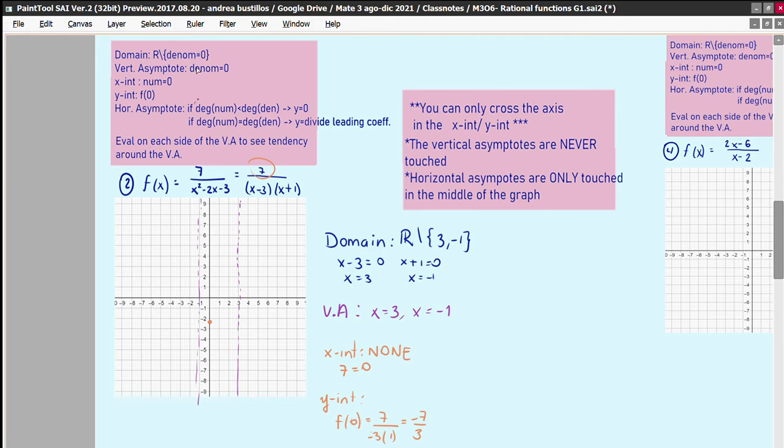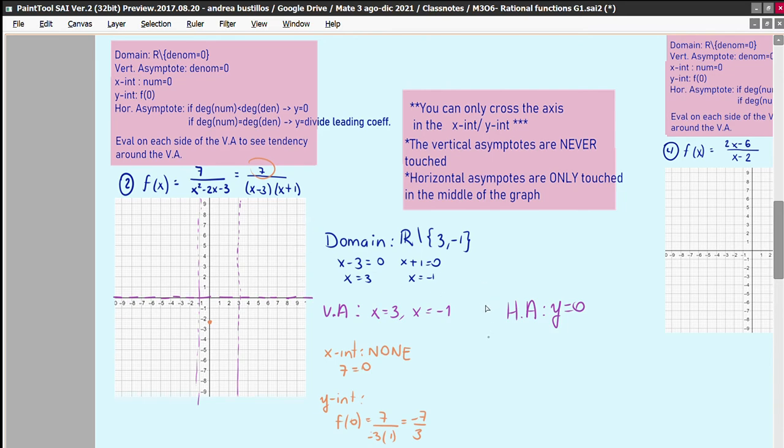So, because the degree of the numerator is smaller than the degree of the denominator, our horizontal asymptote is just the equation y equals 0. That is a line with the height of 0.